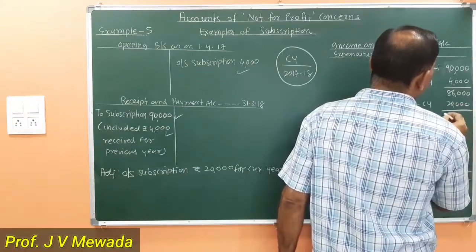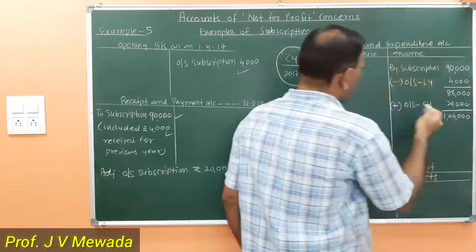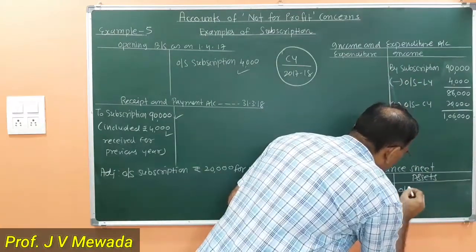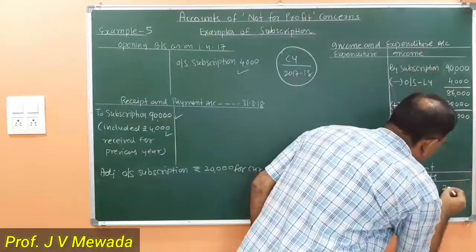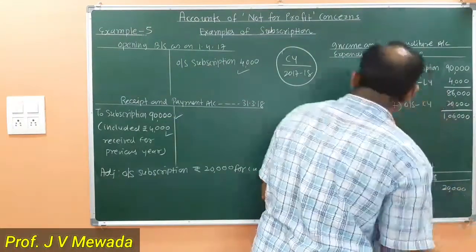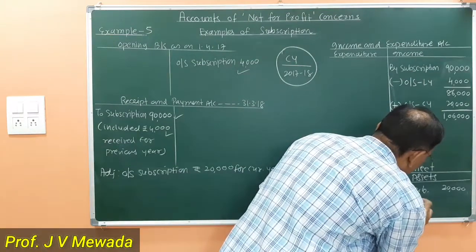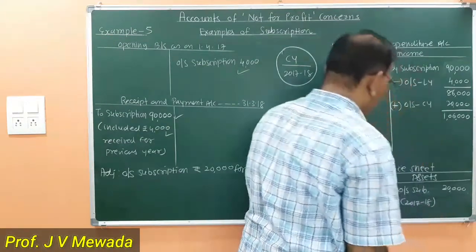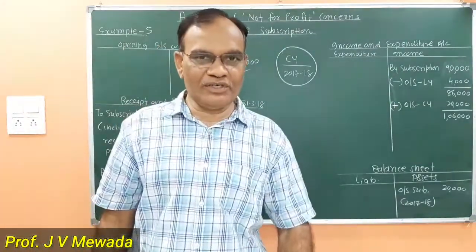So the total figure is 1,06,000, and we'll write outstanding subscription, that is 20,000 for current year, and current year is 2017 and 18. Okay, so this is the treatment of example number 5.